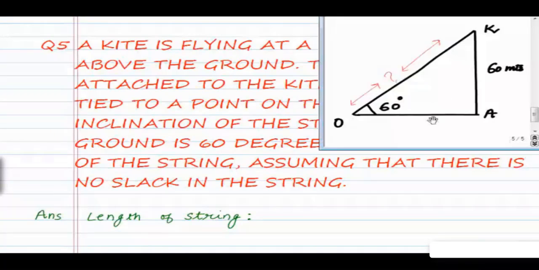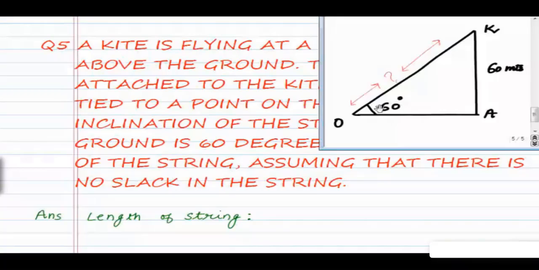In this question we have to find the length of this string. So this is our angle, which is 60 degrees. AK is given to be 60 meters, and we have to find this length. So in this question we'll make use of sine theta. Why?